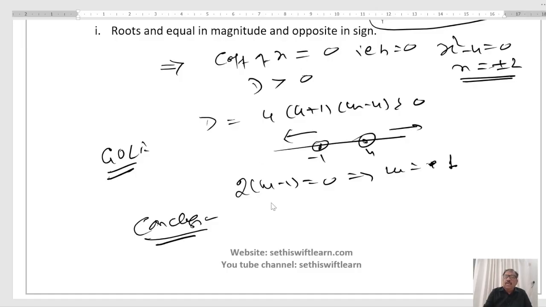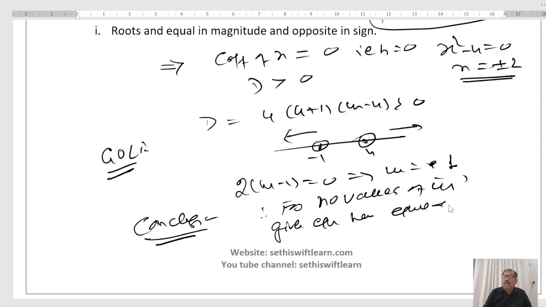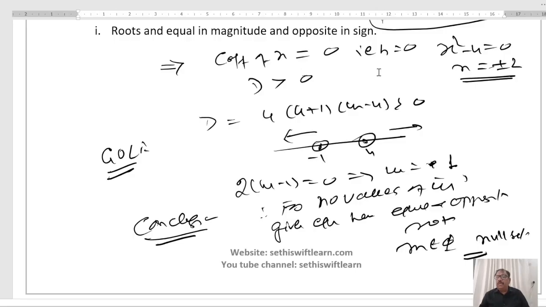Therefore, for no values of m does the given equation have equal and opposite roots. m belongs to the null set. Next part.